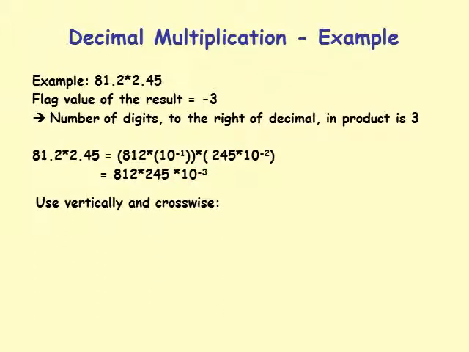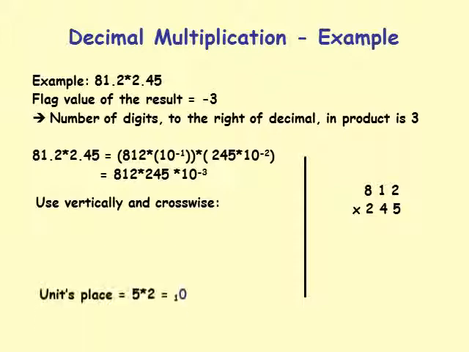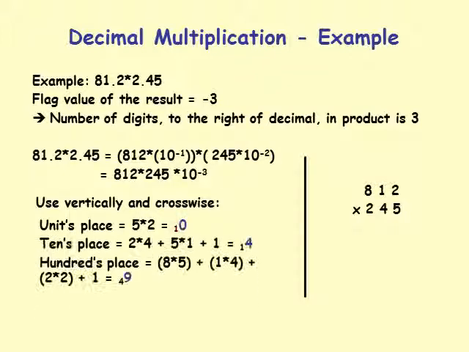Let's continue here. Use vertically and crosswise to multiply 812 times 245. So here it is. The first digit on the units place is 5 times 2, 10. Use 0 and carry 1. Tens place is crosswise and crosswise add. So 1 times 5 is 5, 2 times 4 is 8, and add them together 13, and plus 1, 14.